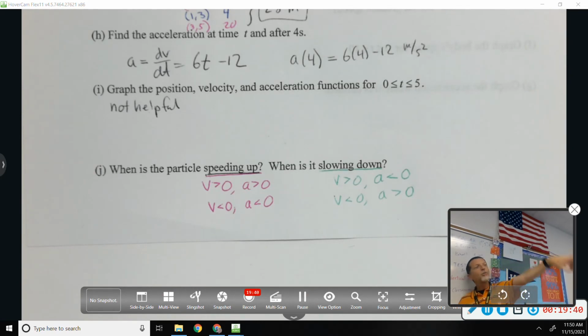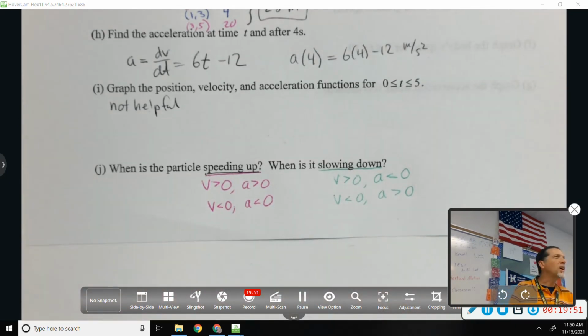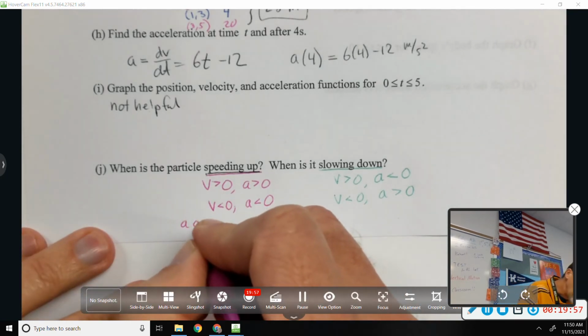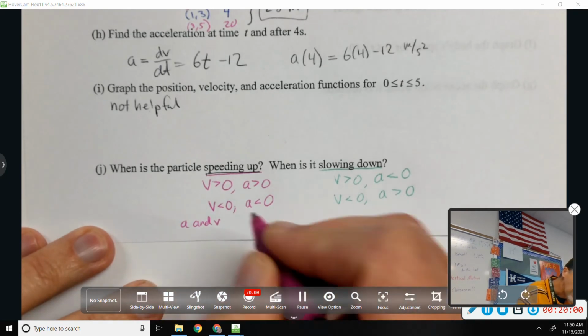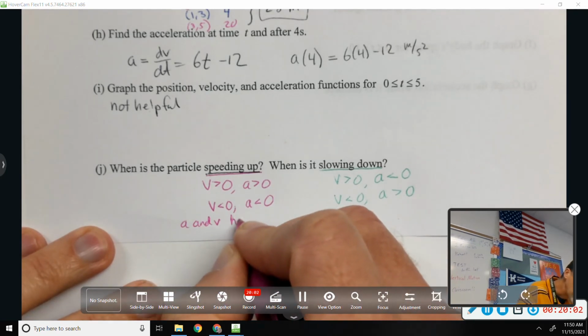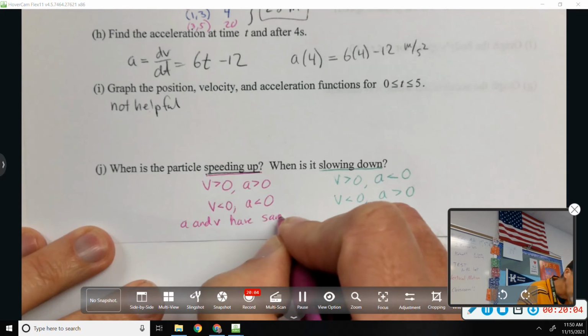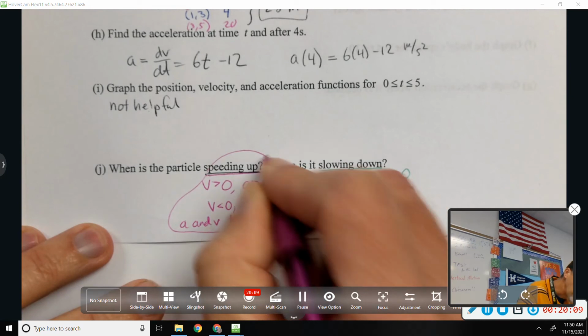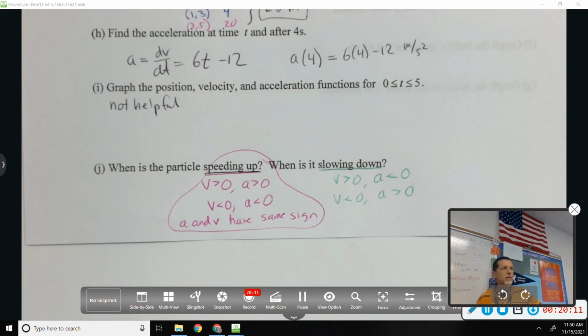Ethan, you summarized it well when you said they're opposite. What's opposite? Velocity and acceleration. Whenever they're opposite, they're slowing down. Whenever they're going in the same direction, they're speeding up. When A and V have the same sign, if they're both negative, then you're speeding up, because a double negative is positive.